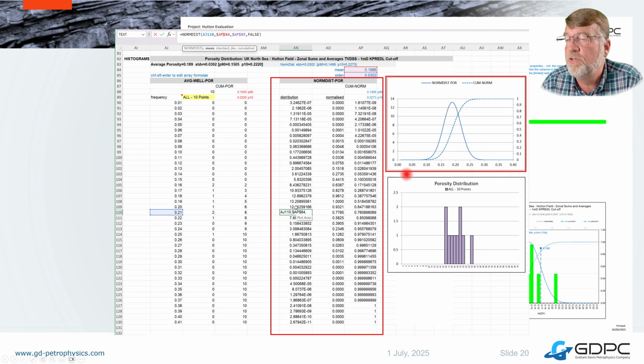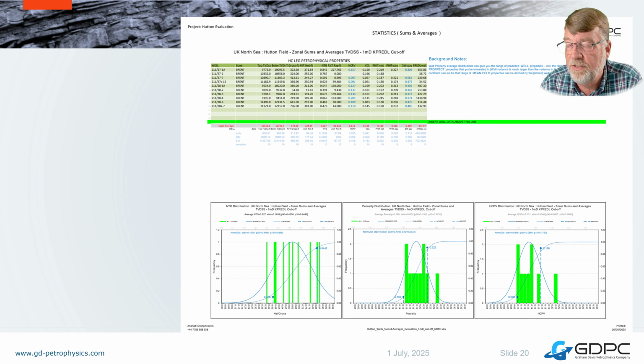The bell curve is done with the function set to false, and this cumulative normalized curve is exactly the same function but with the word true there, which gives you the cumulative function. Then I put them over the top and compare how normal my data is.